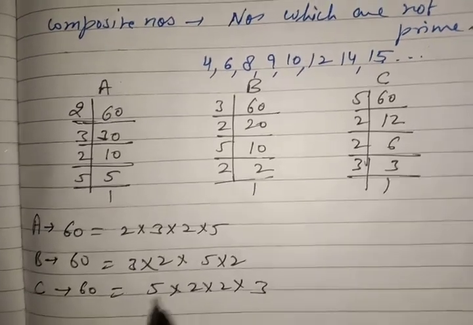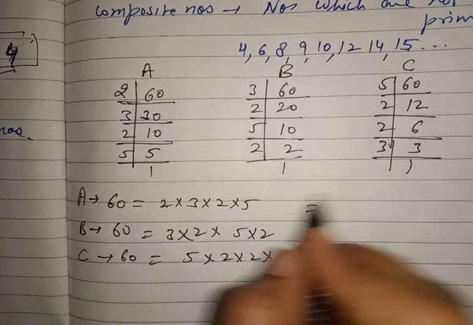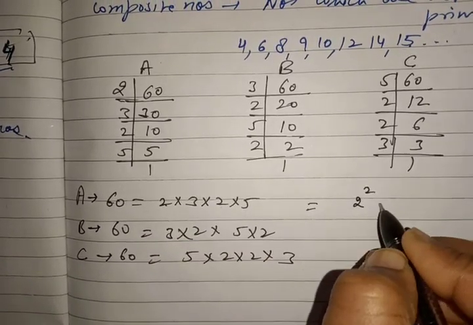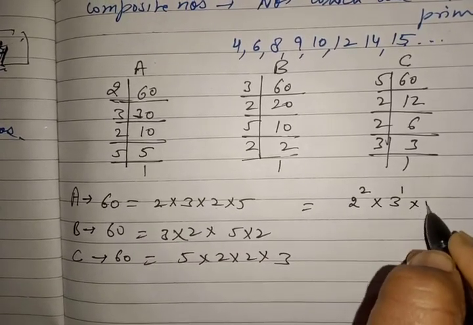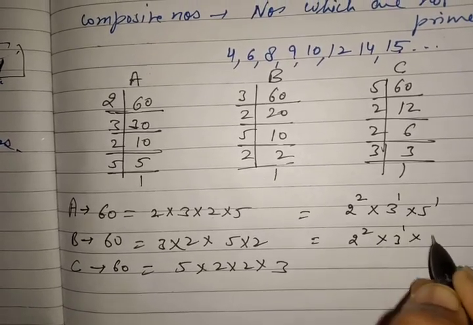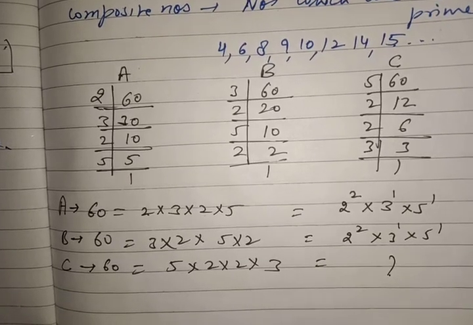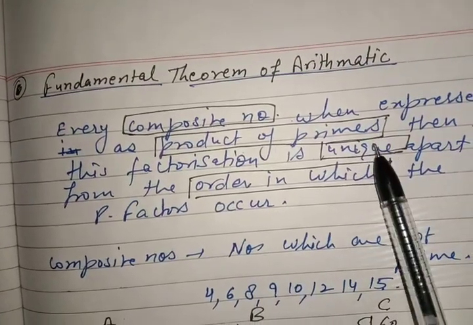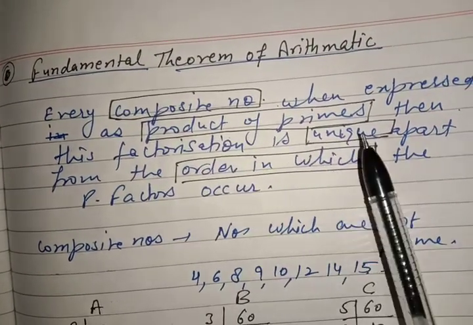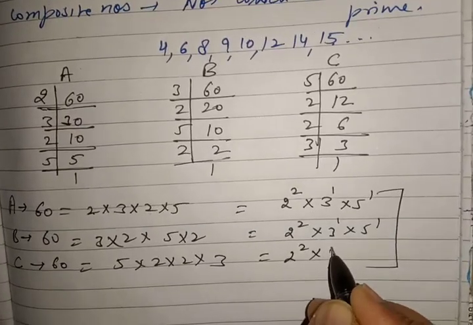So you can see order is same. If I want to write this in terms of power, I will write 2 raised to power 2, single 3, single 5. Same here, 2 raised to power 2, single 3, single 5. Same here. It means when expressed as product of primes, then this factorization is unique. We have got same answer in all the 3 parts.